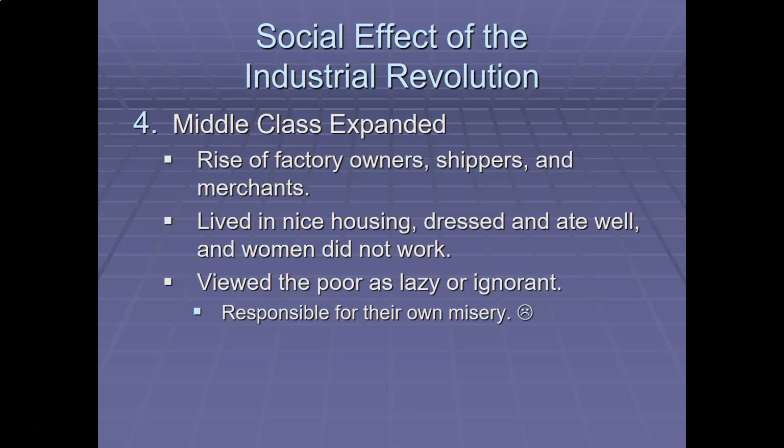All right, now another social effect that's more of a positive is we do see a rise of the middle class, or at least the expansion of the middle class. You see factory owners become more prevalent, shippers become more prevalent because they have to ship or transport the goods, as well as merchants for the same reasons. They're selling those goods. You start to see development of better housing for the middle class and middle class neighborhoods.